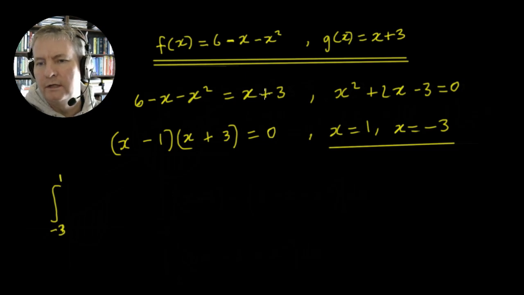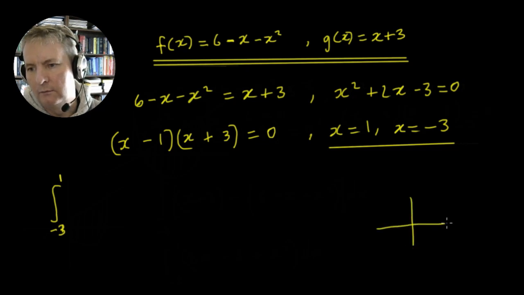Now we've seen from the graphical way that it was drawn, we're going to have a function which looks something like minus x squared like this, and the line is like that. So it's going to be this function f of x minus the function g of x that will give us the area in between.